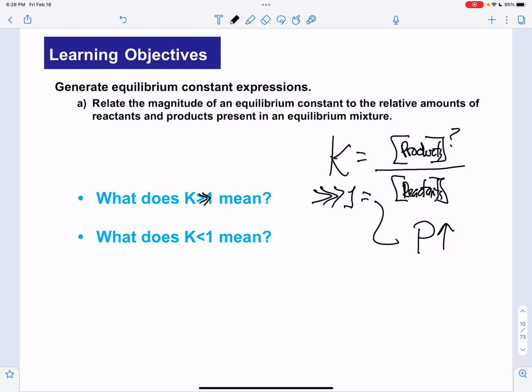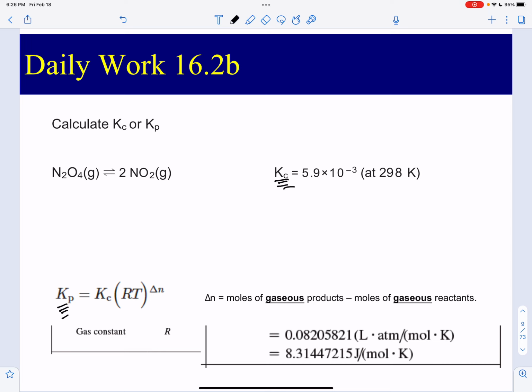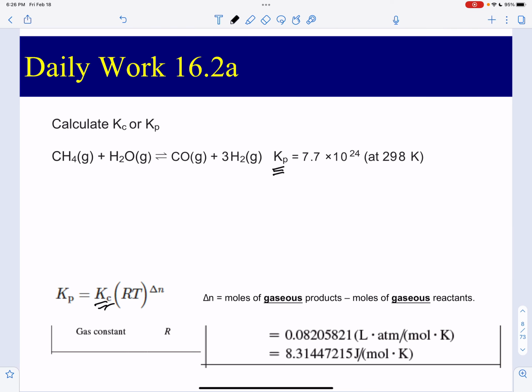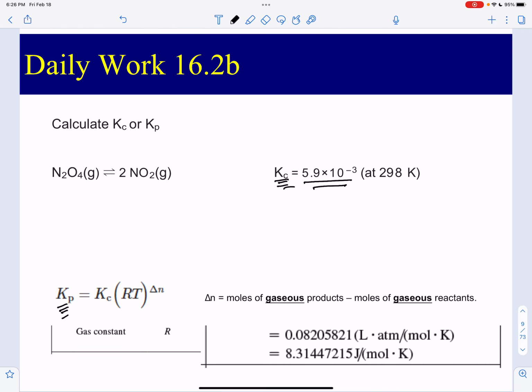If you get a K that is a lot smaller than 1, like this one here, for example. Well, this one is to the minus 3. That's not a lot smaller. So you gotta kind of think about that. This one is huge. That one is a lot bigger than 1. So the product definitely predominates on that one.